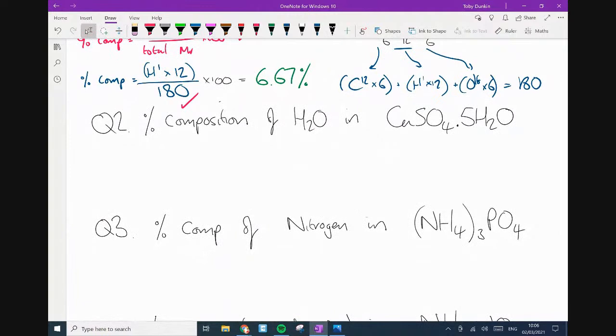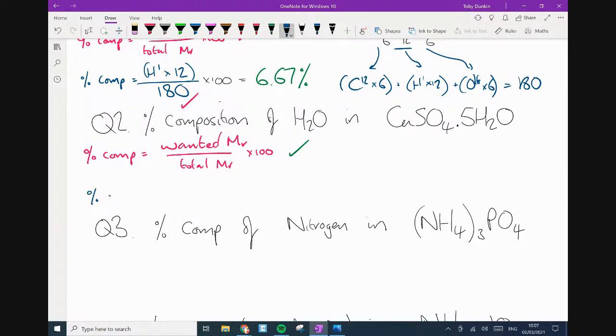Next one, water in hydrated copper 2 sulfate. So, step number 1. Notice that I'm doing the same thing you guys are. I'd hope you would realize that I'm writing it with you. So this is wanted MR over total MR times 100. 1 mark. Next, input my data.